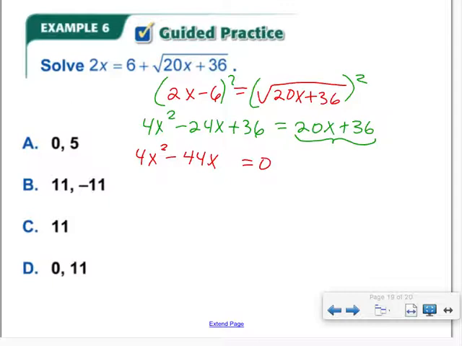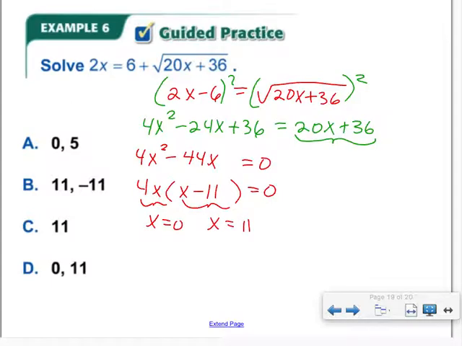What's really nice is that factors very nicely, because we can factor out a 4 and an x. And when we divide everything by 4 and by x, we get x minus 11. So this one says that x is 0. This one says that x is 11.